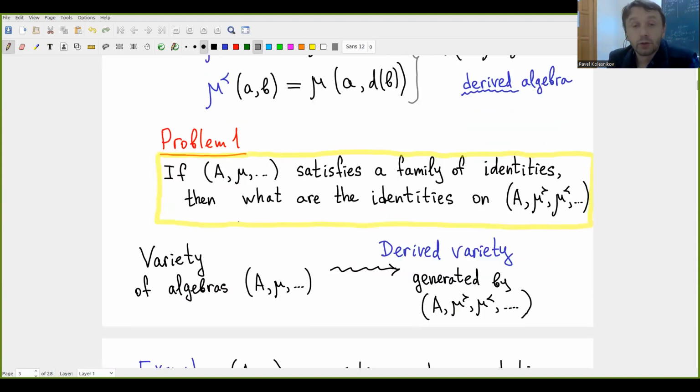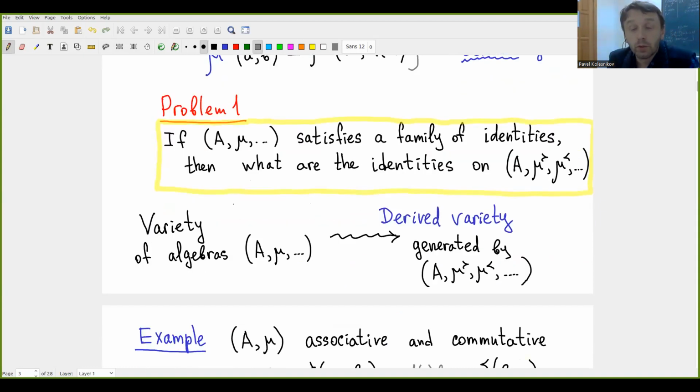And as usual, the first problem which naturally appears is to describe what are the identities that hold on derived algebras if the initial algebra satisfies some family of identities. For example, if we start with an associative algebra, what are the identities that always hold for derived algebra?